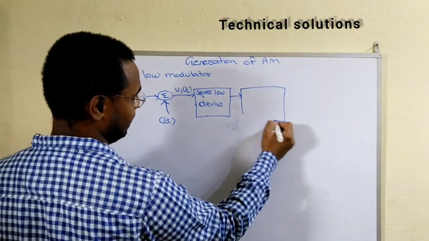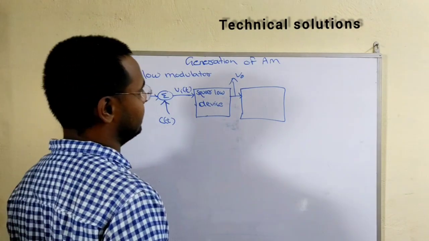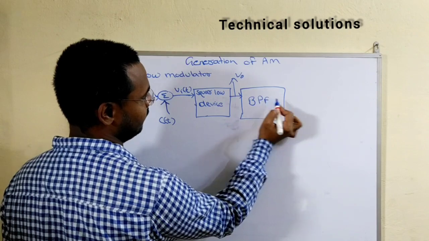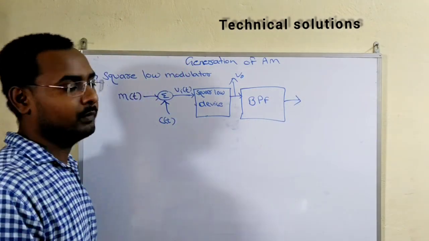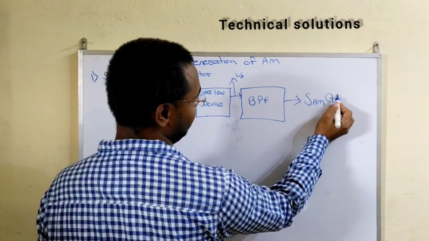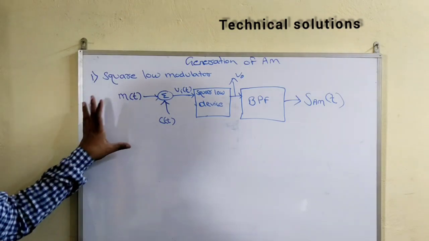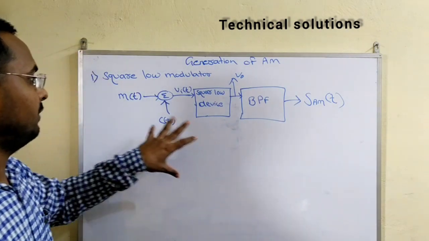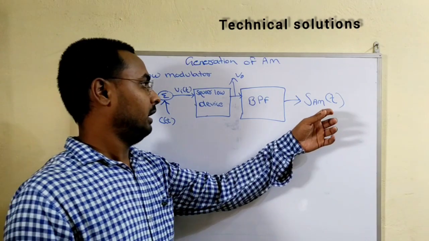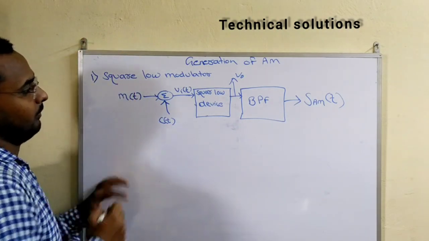After this, we get V0, and that V0 is passed through a band pass filter. The output of the band pass filter is our desired AM signal. Fine. This is the architecture in which we generate our AM signal with the help of MT and CT.